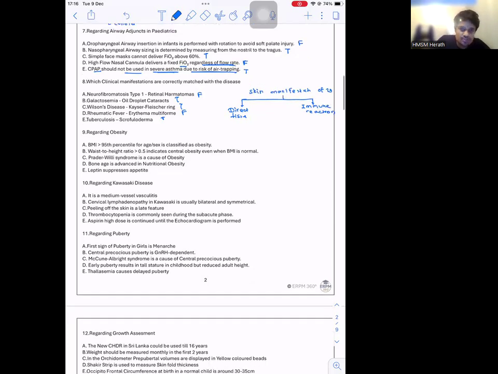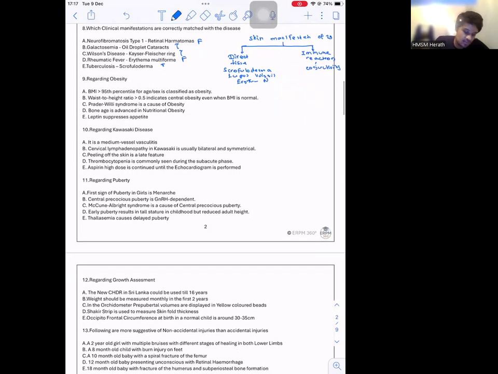Certain conditions occur due to direct tissue involvement, like scrofuloderma, lupus vulgaris, and so on. Those conditions occur due to direct tissue involvement by TB bacteria. And there can be certain other skin conditions which occur due to immune reactions. Erythema nodosum is the commonest one, which occurs due to immune reactions to TB, right? That you should keep in mind.